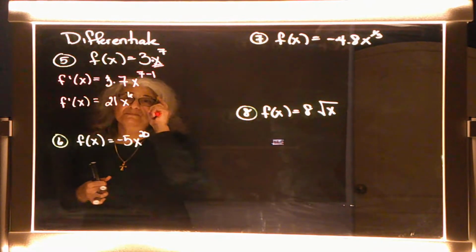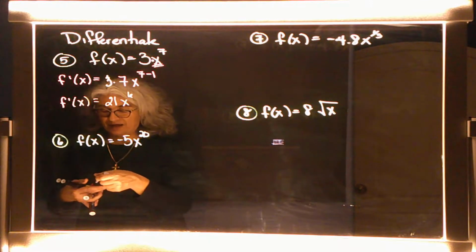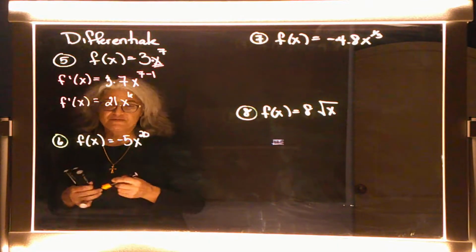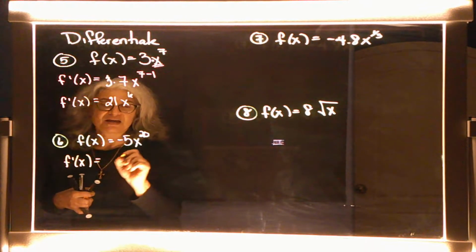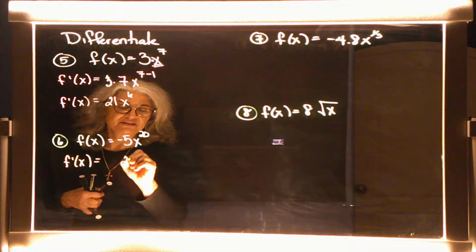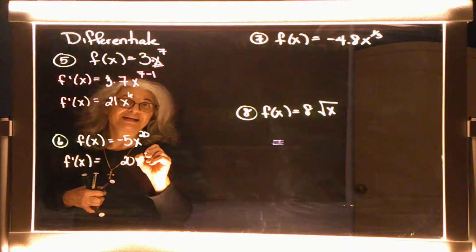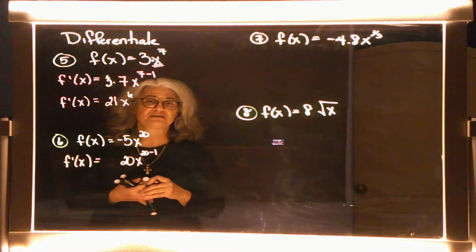Okay, so let's look here at problem number 6. If they want me to take the derivative of this, and it's the x to the 20th, we're going to bring down that 20 multiplied by x to the power of 20 minus 1. Agreed? Good.